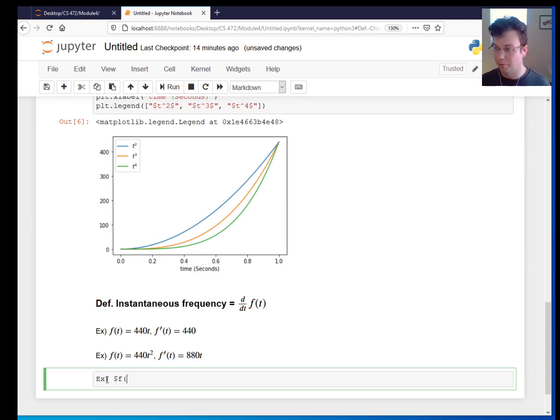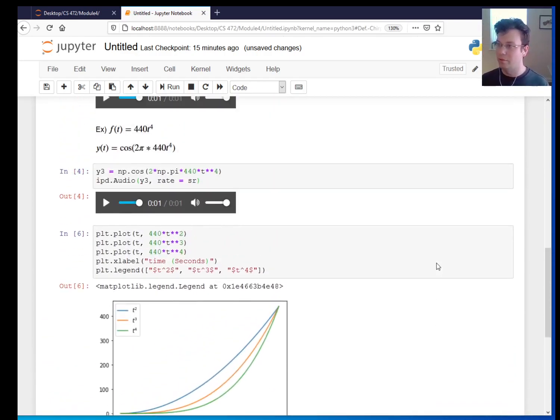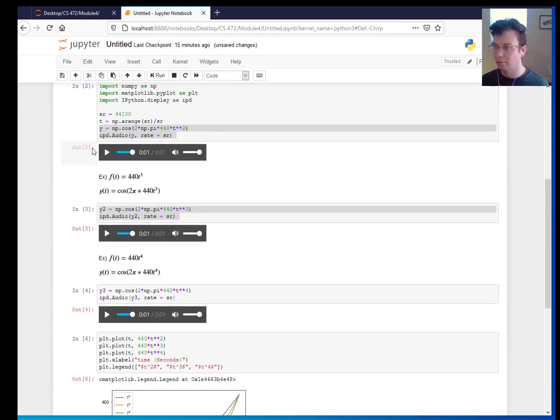then I see that the derivative is 1320 t squared. So this explains a few things. So if I go and I listen to these, so here's the t squared.